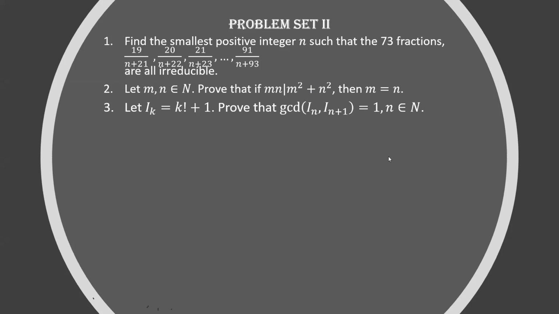Krishna, how does mn divide m square and n square? Can you give a reason? I want a reason for everything. Krishna, type it in the chat. No, I won't be able to unmute, so you can just type everything in the chat, whatever you have. k plus 1 equal to k factorial.